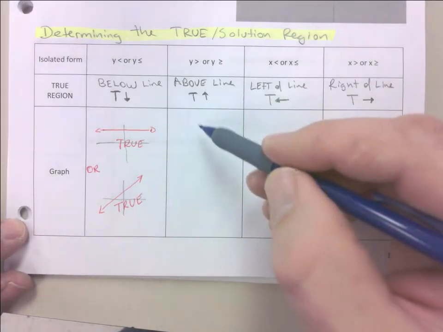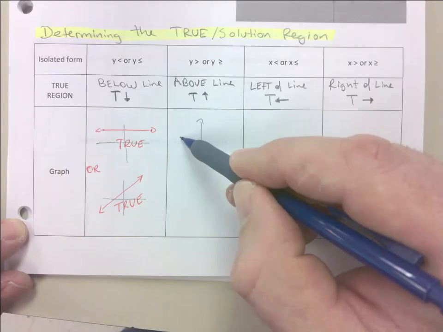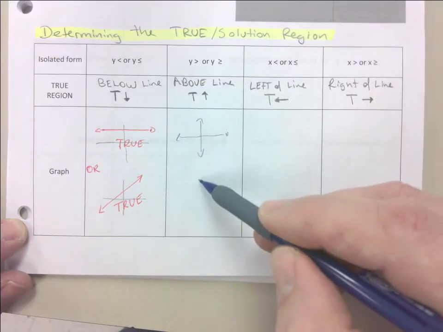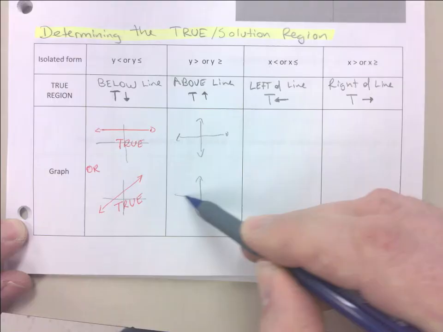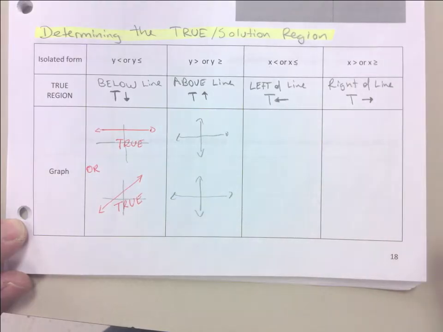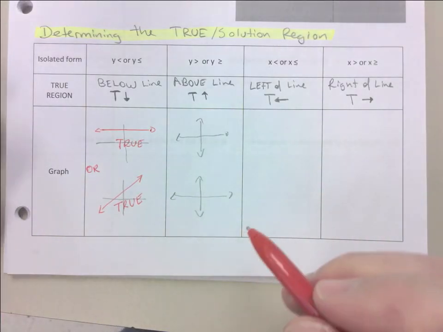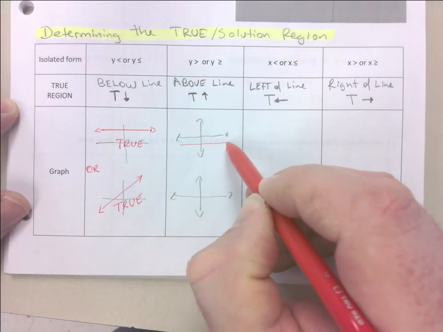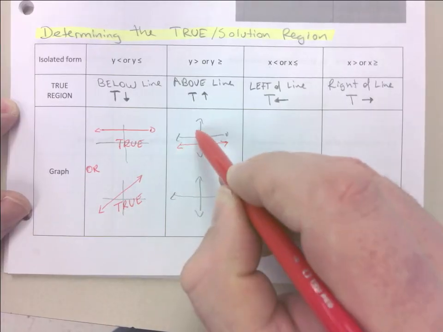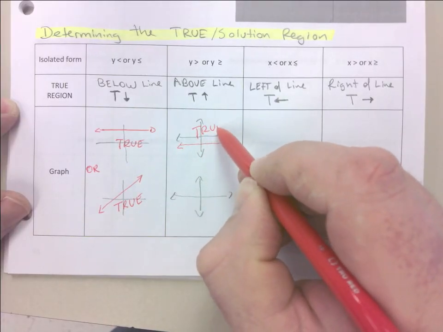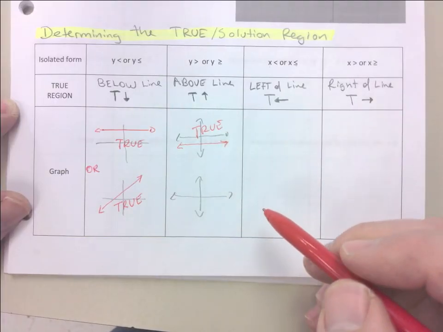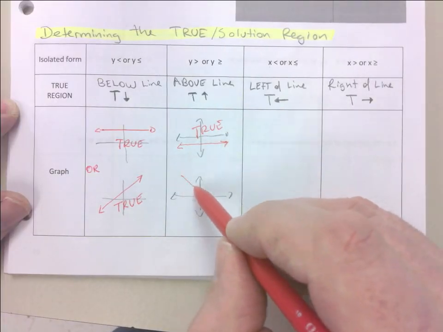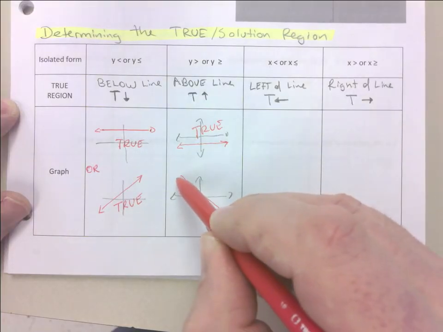Similarly, same here. Just make two grids like this, two coordinate planes. If you have y is greater than, and you could have a horizontal line like this, true is above. Or you could have a diagonal line like this.